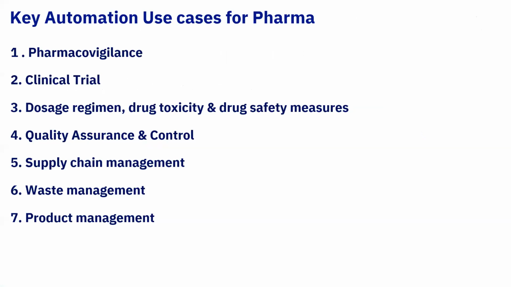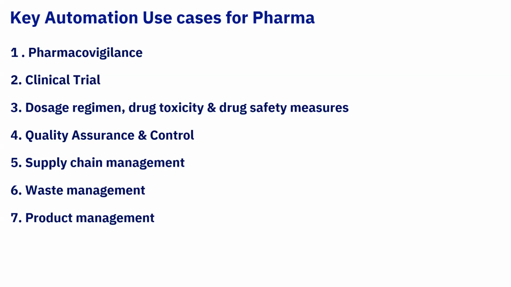Coming to the specific pharma use cases, there are various areas with use cases for automation: pharmacovigilance, clinical trials. Basically, wherever there is a huge amount of data and, at the same time, business processes involved.